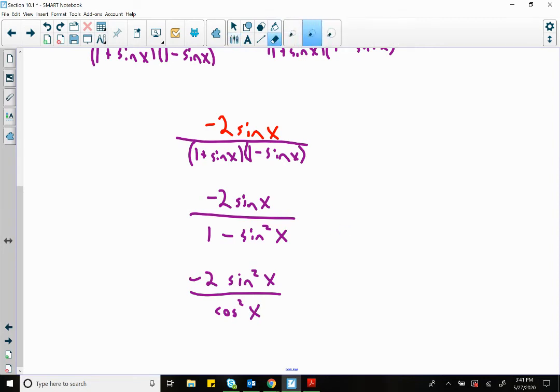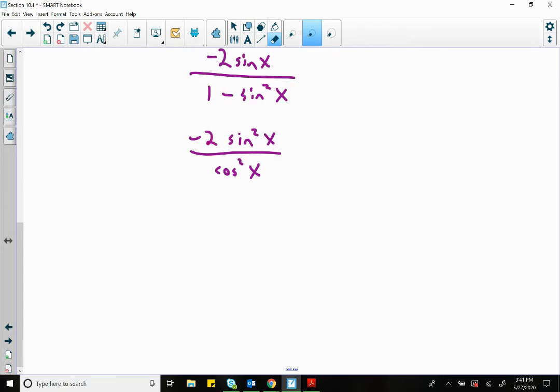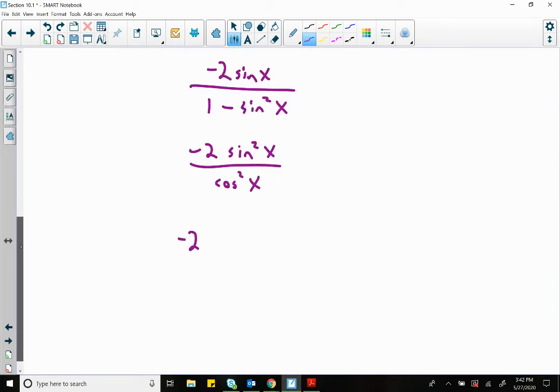And then in the end, all we do now is we work this as if there were lots of fractions being multiplied here. So we're going to take -2, and we're going to separate, wait a minute. Sorry, that's not squared up here. Ooh, almost messed that up. So we're going to take this as if there were 2 fractions being multiplied here.